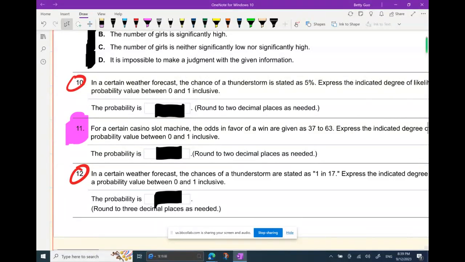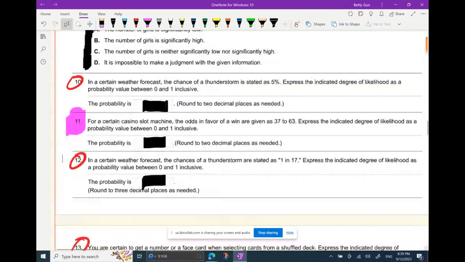For a certain casino slot machine, the odds in favor of winning is 37 to 63. Express the indicated degree of likelihood as a probability value between 0 and 1 inclusive.